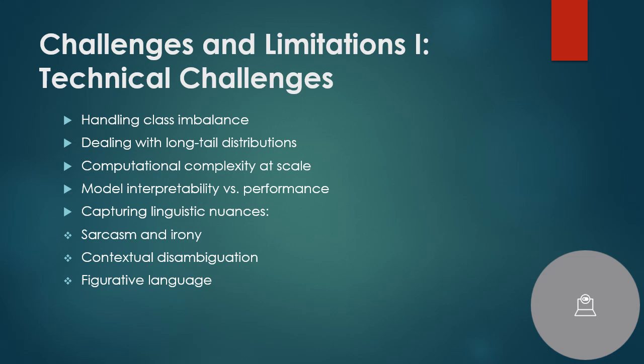When we speak about linguistic nuances, idioms like break a leg confuse models. When computational costs are considered, training BERT requires GPUs and days of compute time. In a similar way, interpretability: deep learning models are black boxes, meaning hard to debug or explain.